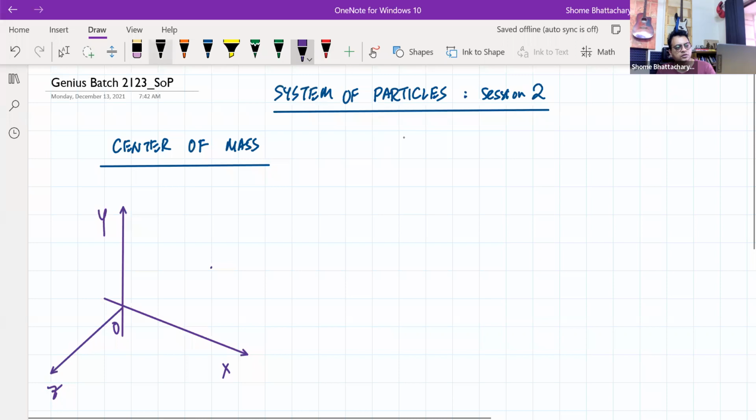And in this reference frame, there are various particles like M1, M2, M3, etc. located at various position vectors.